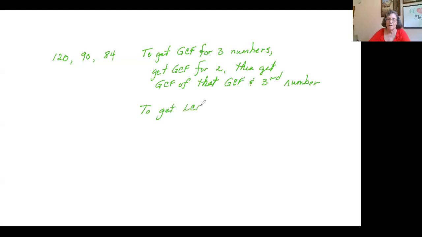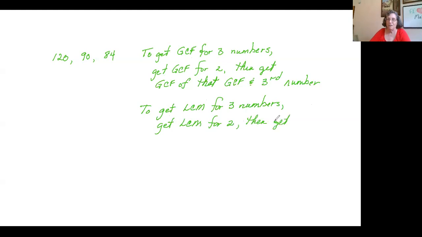To get the least common multiple for 3, you have to get the least common multiple for any 2 of them. And you can accomplish both of these things at the same time.